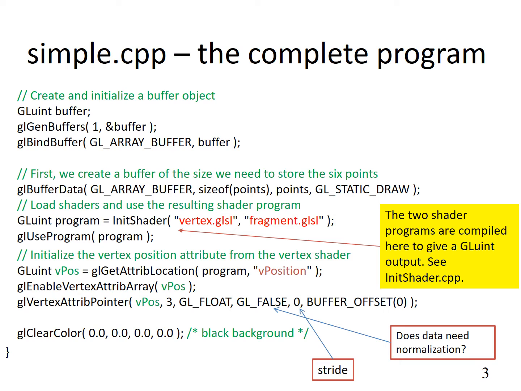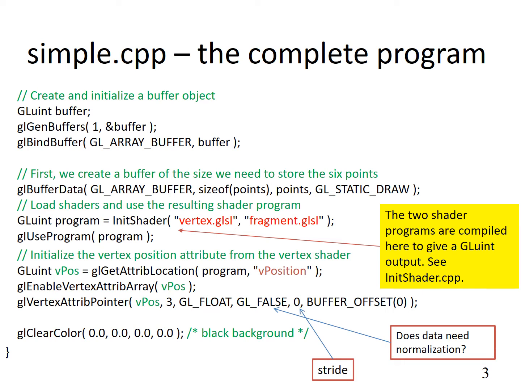Now we initialize and pass on the 6 vertex positions to the vertex shader as attributes in the last 3 lines. The name vPosition will appear again in the vertex.glsl program. We enable the vertex attribute array here and set the vertex attribute pointer here.